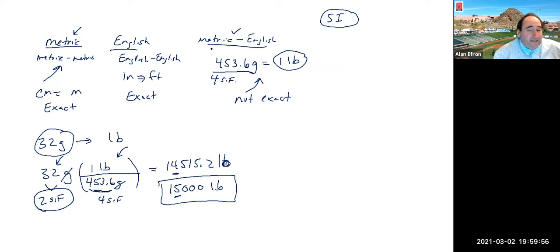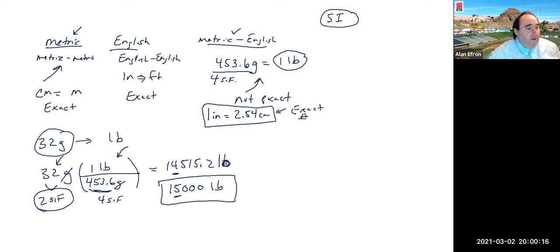The only one that is considered an exact conversion is the one we used earlier: 1 inch is exactly 2.54 centimeters. This is one of the only metric to English conversions that is still considered an exact number, but most of the other ones really are not. Any questions on that there?